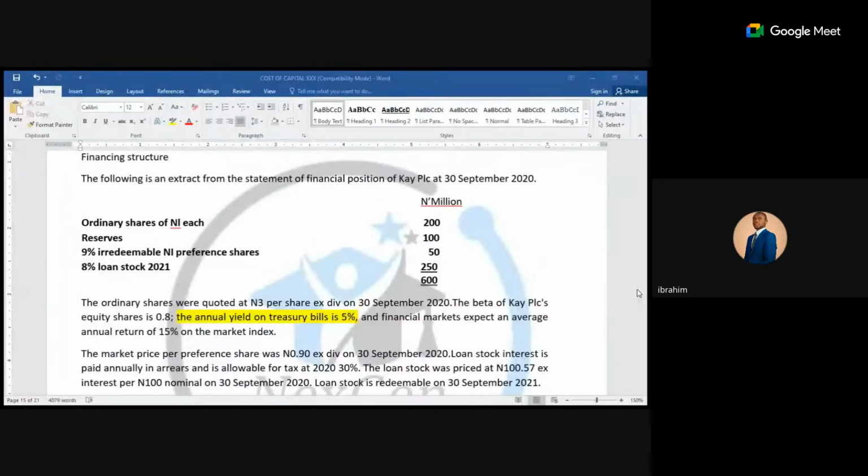They give me thumbs up. What is the formula for calculating the capital asset pricing model? Okay. Damilola, what is the formula for calculating the capital asset pricing model? Okay, let's move on. Mabel.